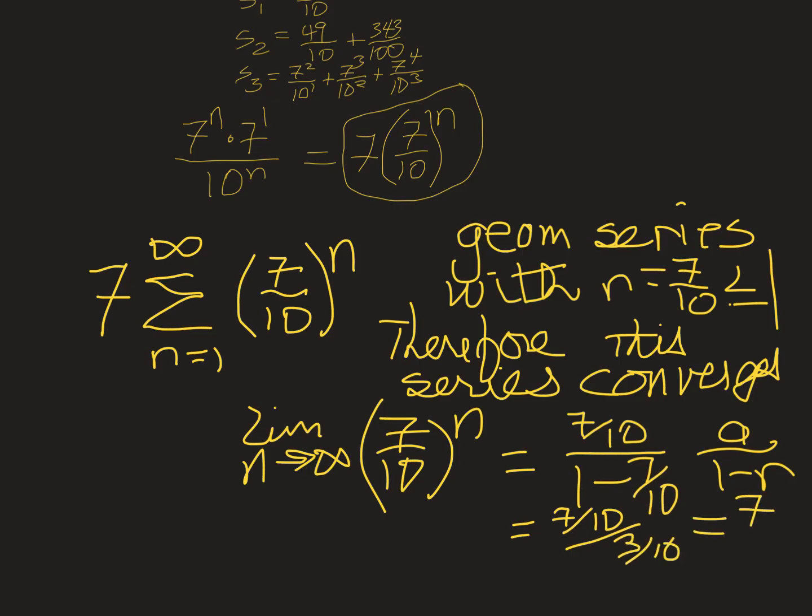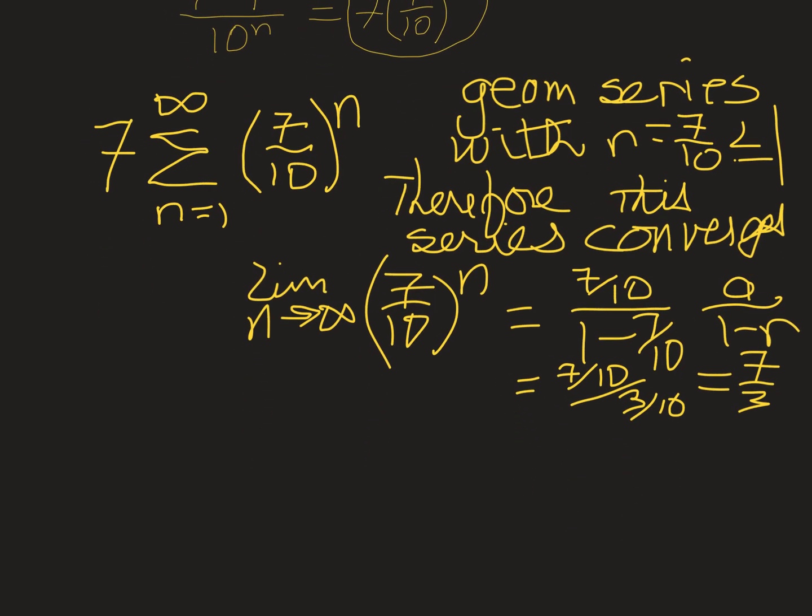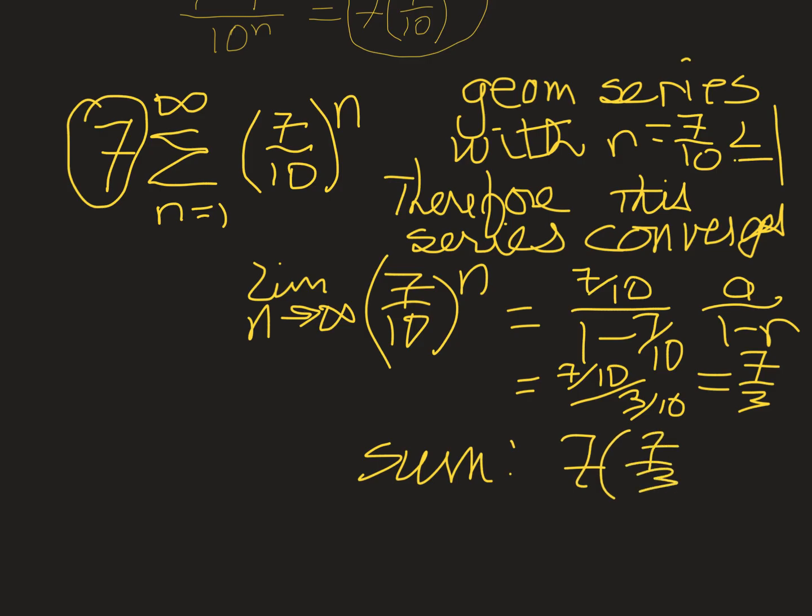So this sums to 7/3, but that's not quite right for this problem. We've got this whole 7 multiplied by it. So our final sum is 7 times 7/3, and so it converges to 49/3. All right?